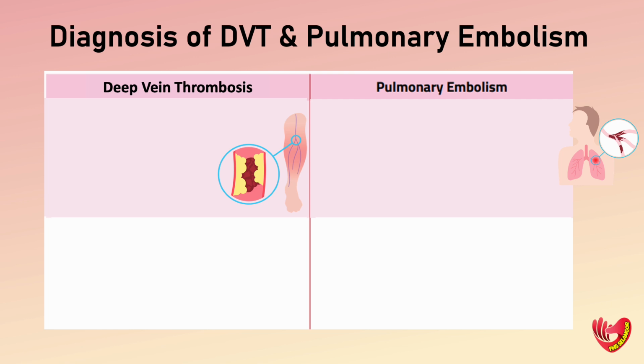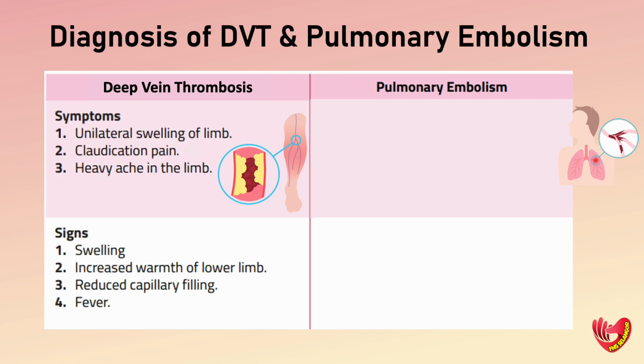For deep vein thrombosis, patients usually present with unilateral swelling of the limb, claudication pain, or heavy ache in the limb. On examination, you would notice swelling of the affected limb with increased warmth, reduced capillary filling, and fever.